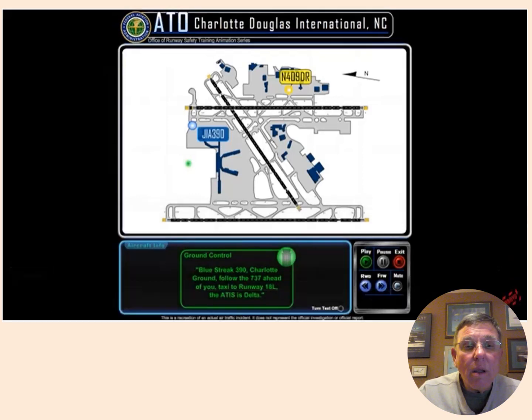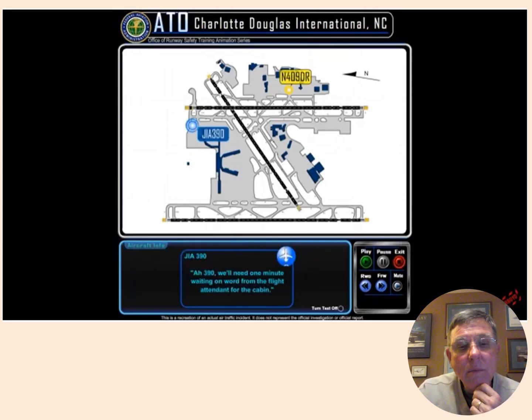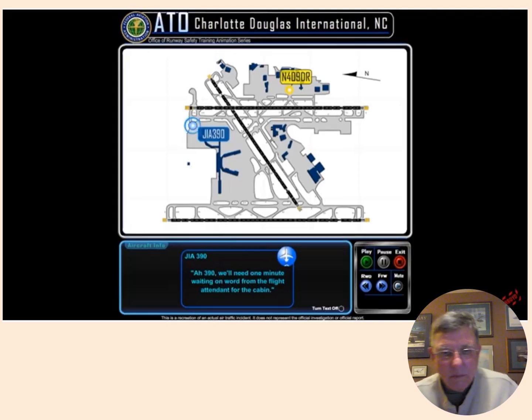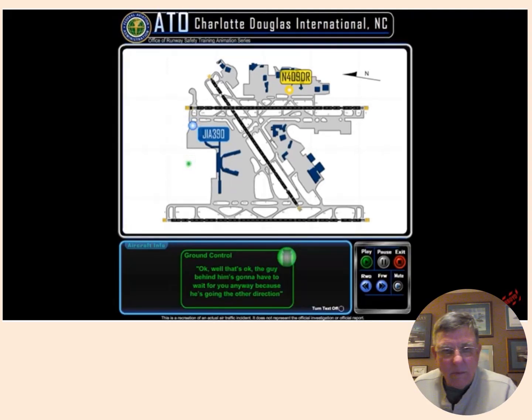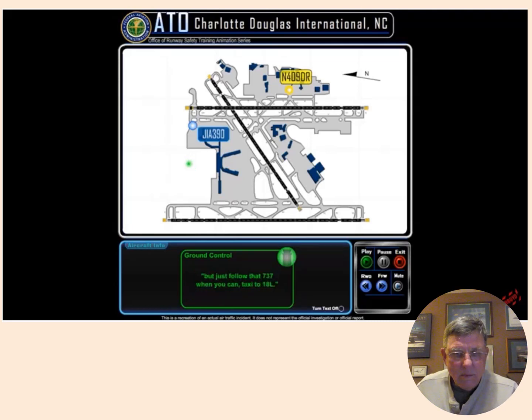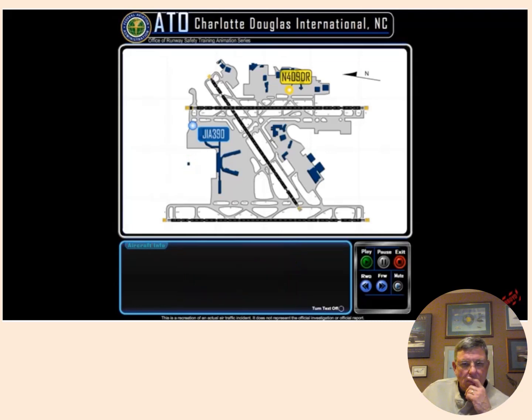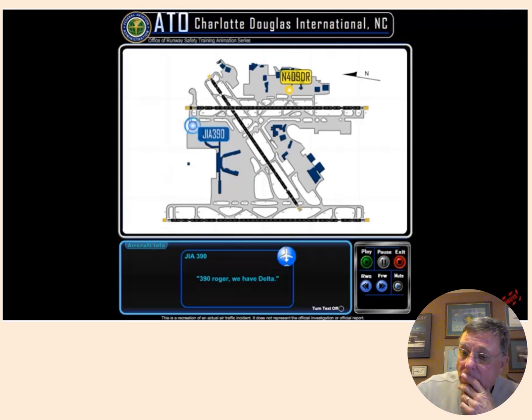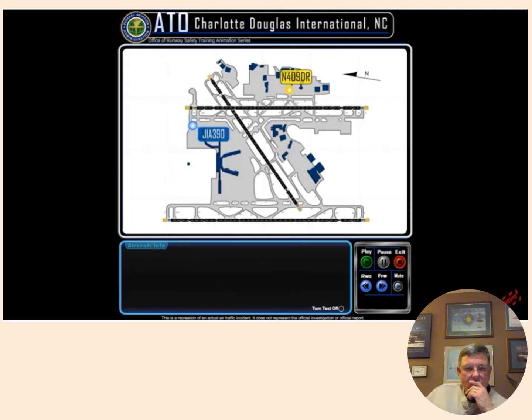Alright, so I'm going to call the 737 ahead of you, taxiing, wing left. 390 will need one minute, waiting on word from the flight attendant for the cabin. Okay, that's okay. The guy behind him has to wait for you anyway, because he's going the other direction. But just call the 737 when you can, taxiing, wing left. 2681, please.